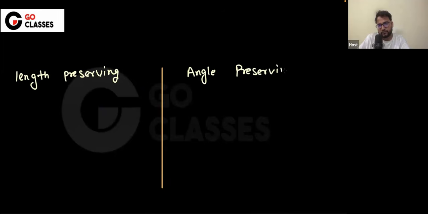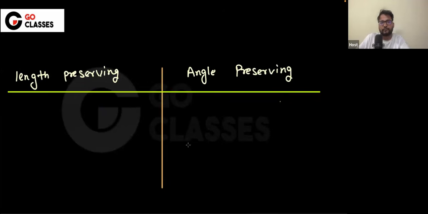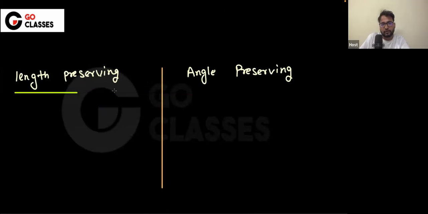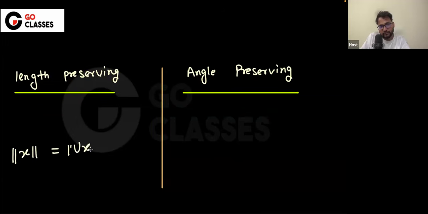Okay, these are the two properties. Now we have talked about length preservation, which means if you multiply a vector x with u, then the length of x and the length of ux are actually the same.